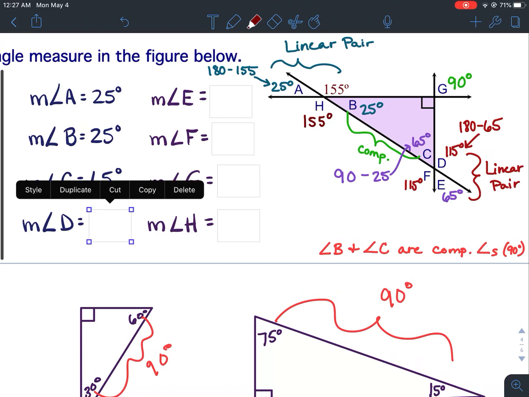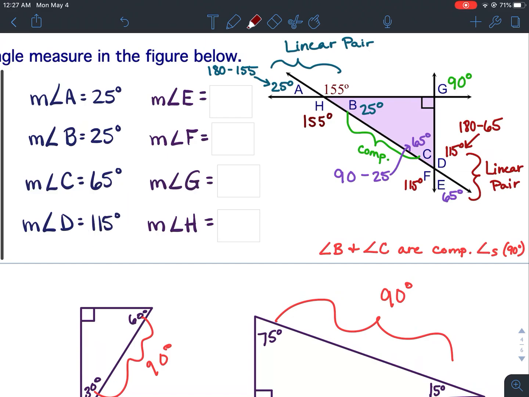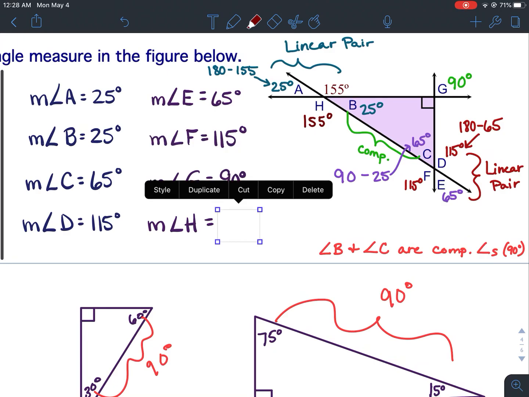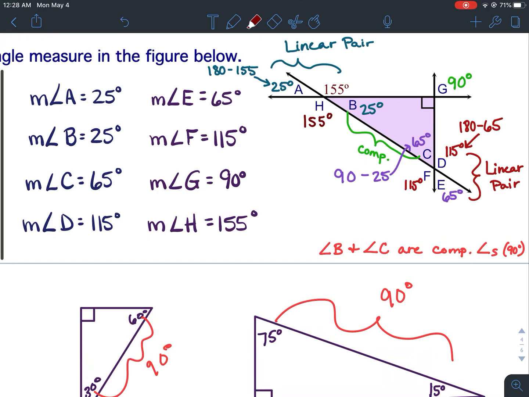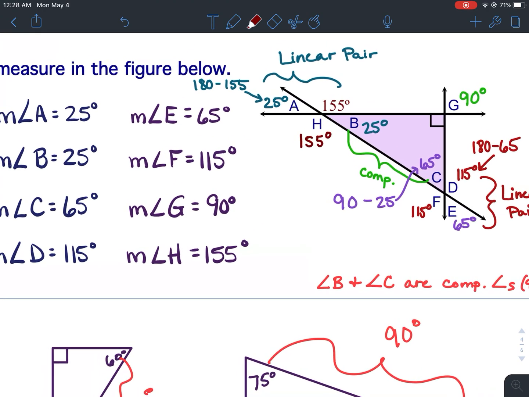D, 115 degrees. E, 65 degrees. F, 115 degrees. G, 90 degrees. And H is 155 degrees. Go ahead, pause your video, and get that written down.